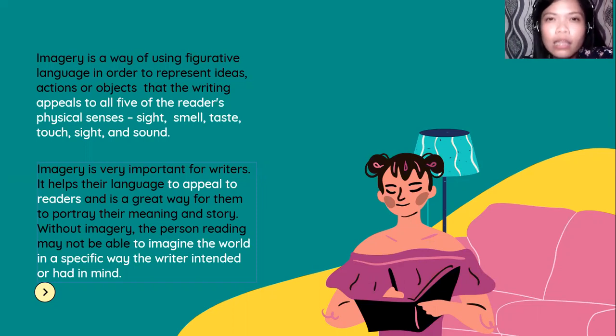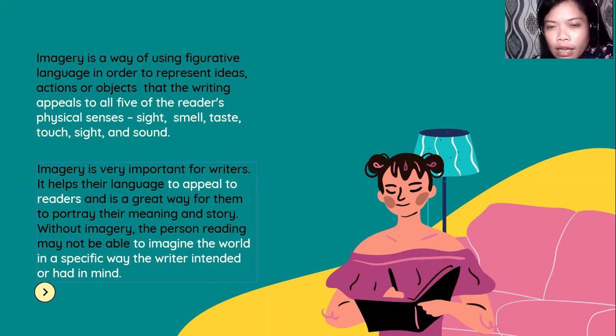So it is to appeal to your senses and to the reader's mind, and it is a great way for them to portray the meaning of the story, what happened in the story, what the pictures in the story are.